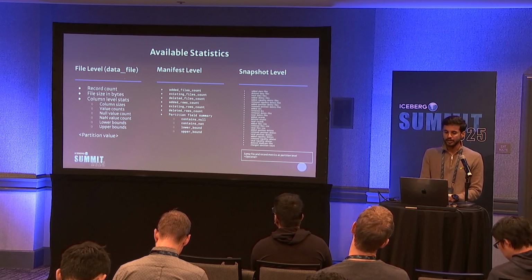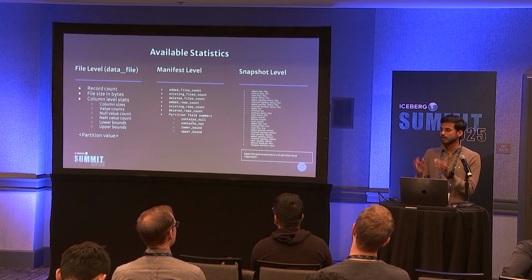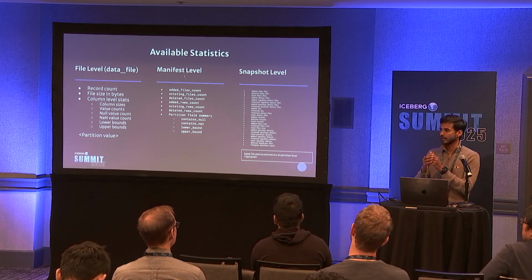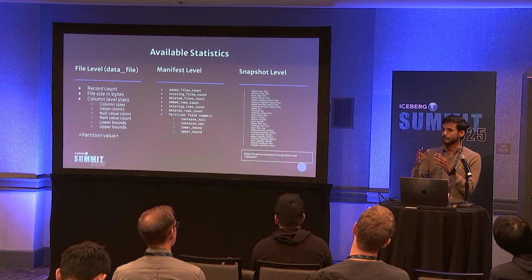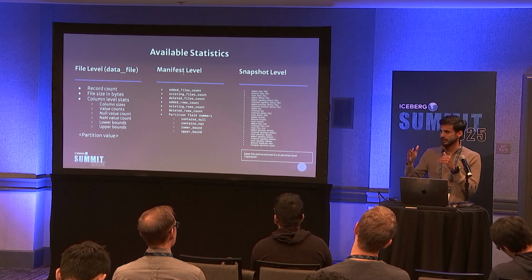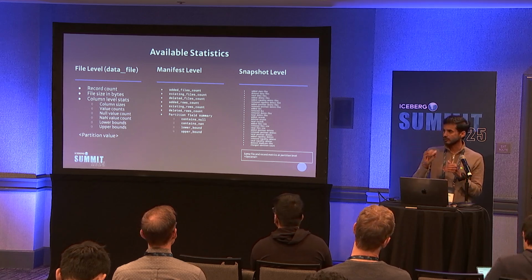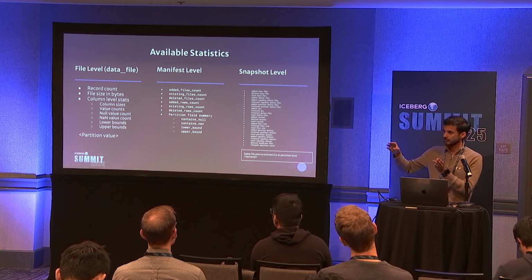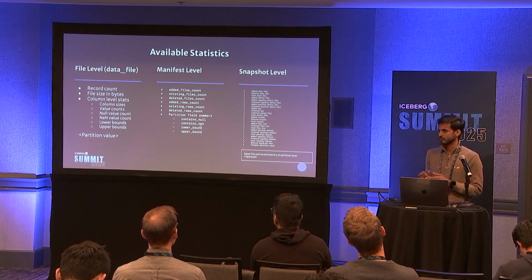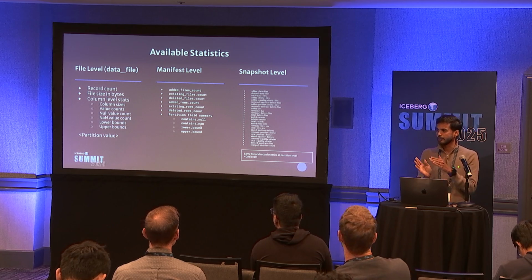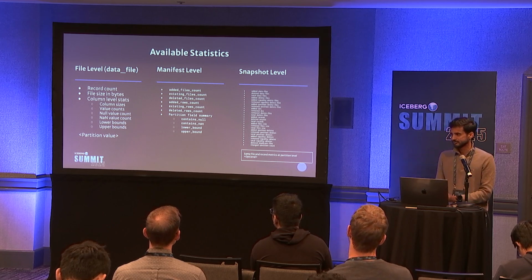A single manifest list can have a range of partitions, and we can have a lot of manifest list files, because each operation creates one manifest list. We don't have aggregated statistics there, so we need a separate file to get the aggregated partition statistics without reading any of those files.